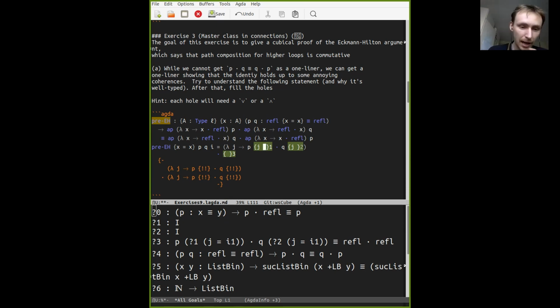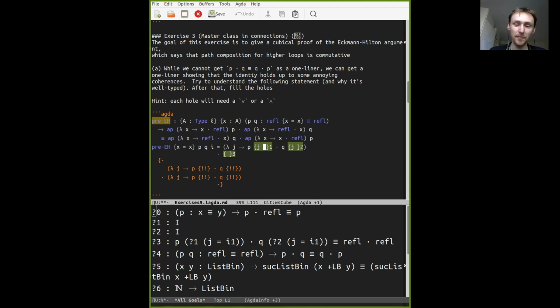So for this to be well typed, first of all, we know that we're probably going to have to introduce an i here somewhere. A part of the difficulty is that there are two ways to make things refl. Yes, exactly.